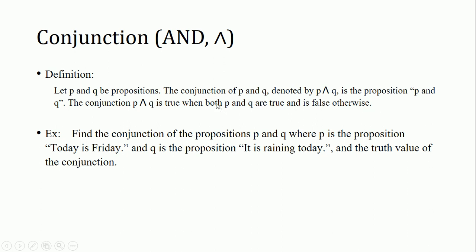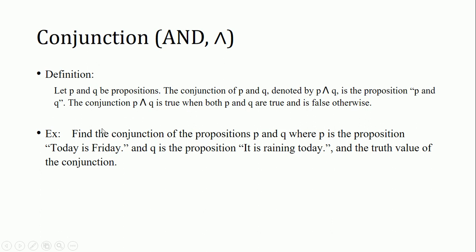So, sabi niya dito, yung proposition daw na P and Q, nagiging true yan pag yung value ng P at saka yung value ng Q ay true. Otherwise, kung meron nang isa sa kanila na hindi true, ibig sabihin isa sa kanila na false ang truth value, so magiging false yung value nitong P and Q.